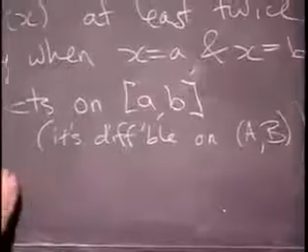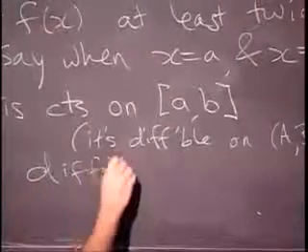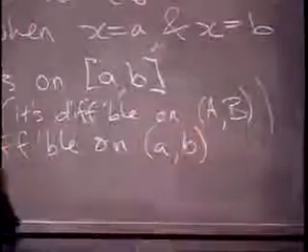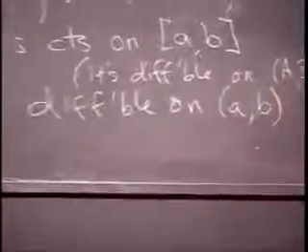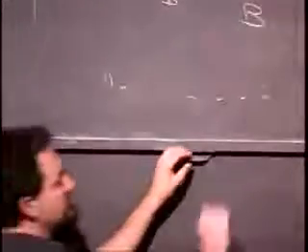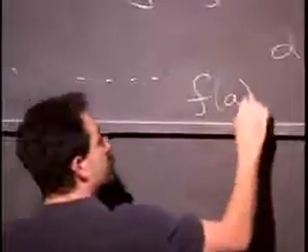We also know it's differentiable on (a, b), again inherited from its differentiability everywhere on the big interval. We also know that f of a equals f of b.